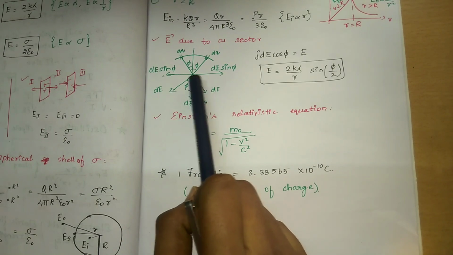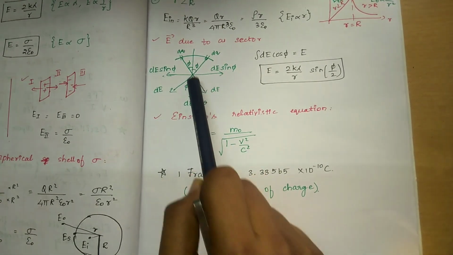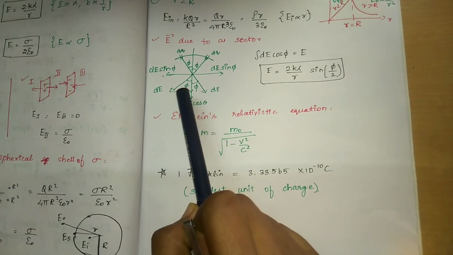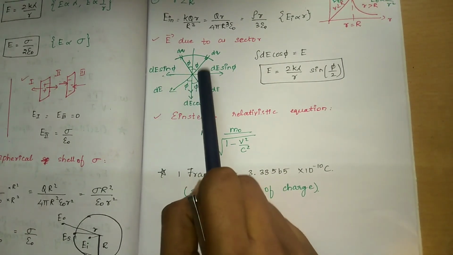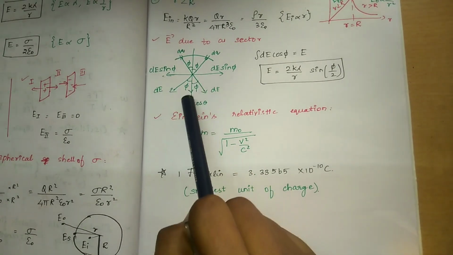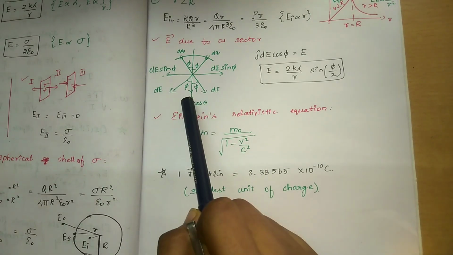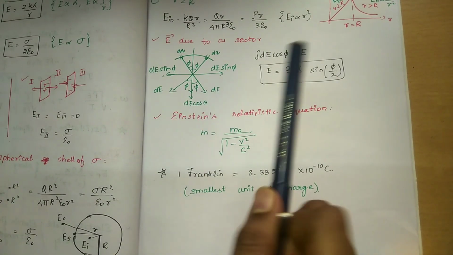If you resolve this, phi is the angle between the radius line and the dq charge towards the center. Resolving dE, you will get dE cos theta and dE sin theta, and here also dE cos theta and dE sin theta.